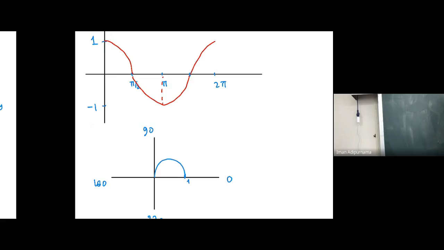If this is positive, it should be from here to here, right? But you need to reflect that. The radius becomes negative. The -1 is reflected to this side, right?